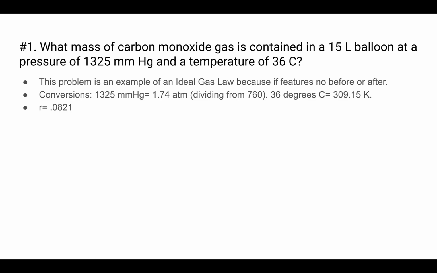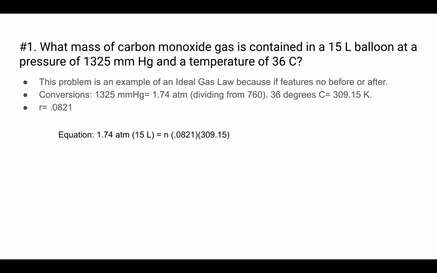And then the conversions would be: 1,325 millimeters of mercury to atmospheres, so you get 1.74 from dividing by 760. Then you go from degrees to kelvins, so 36 degrees Celsius would be 309.15 kelvins, and R, the gas constant, is 0.0821.